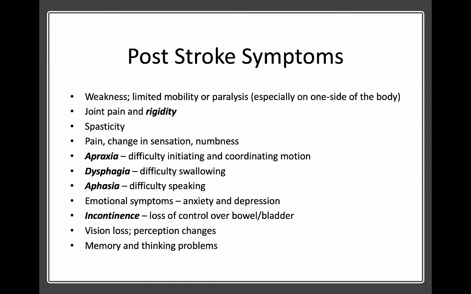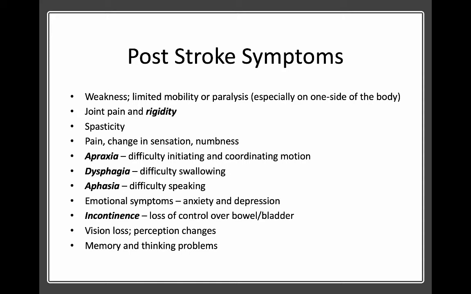They may feel joint pain or rigidity. Rigidity means that the person is no longer able to flex or bend in an area. They may have spasticity that we talked about quite a bit earlier, where a muscle will tighten and not release. They may feel pain in parts of their body. They may have a change in sensation, so they may actually have less ability to feel things and experience numbness.